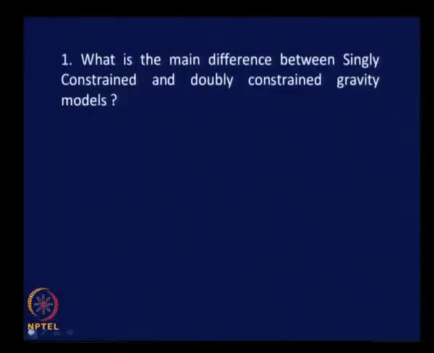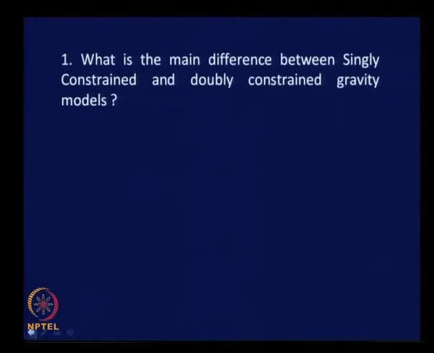To check whether we have captured the essence of the previous lecture, let us pose a few questions and try to answer them. The first question is this: what is the main difference between the singly constrained and doubly constrained gravity models?